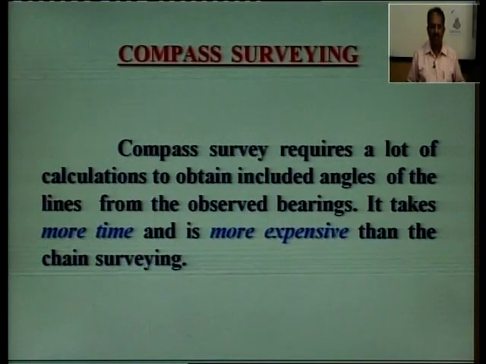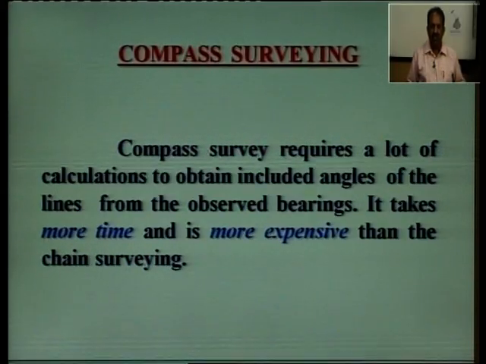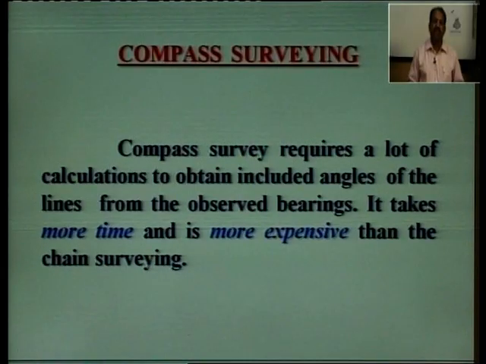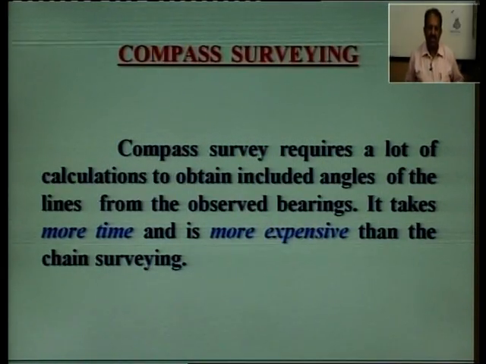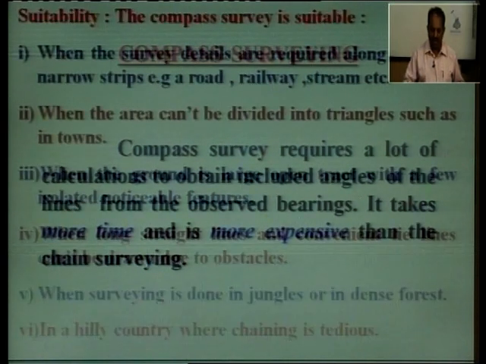It takes more time and is more expensive. That is, compass survey takes more time and is more expensive than chain surveying. So, when we compare it with chain survey, compass survey is slightly expensive and time consuming.